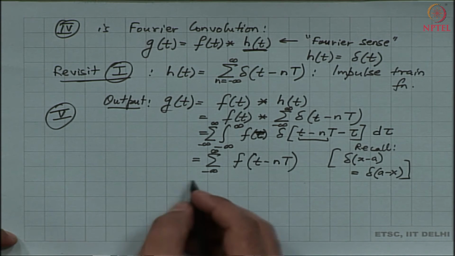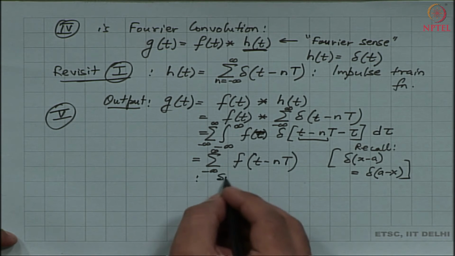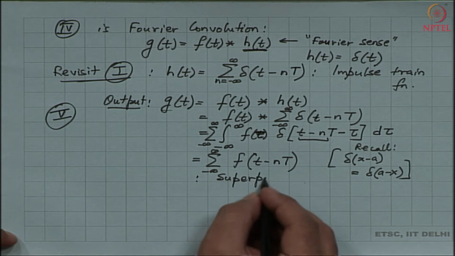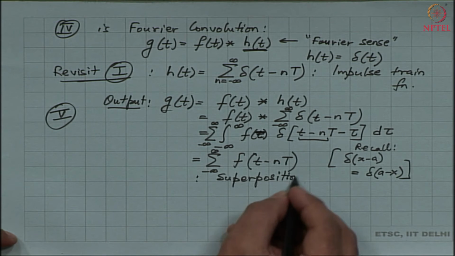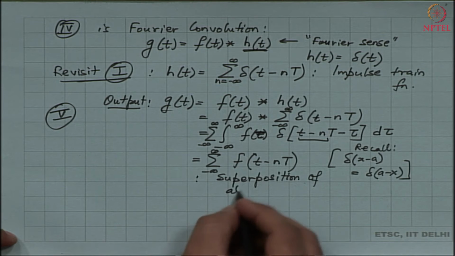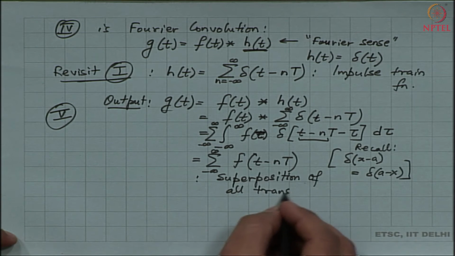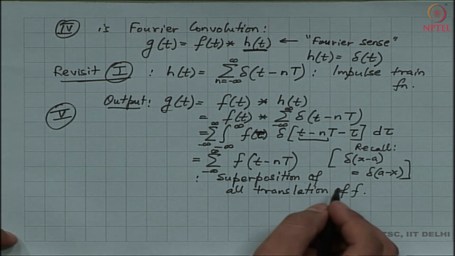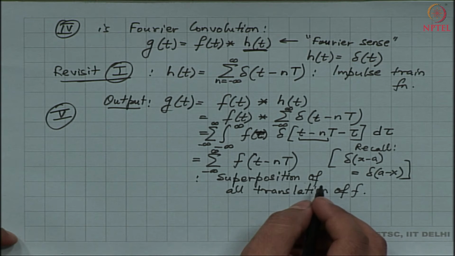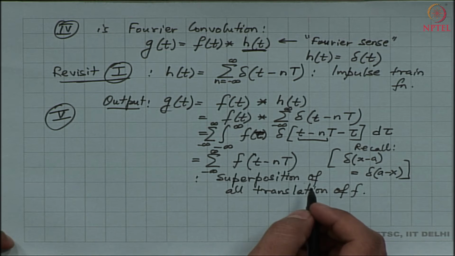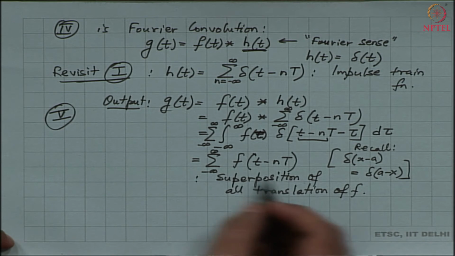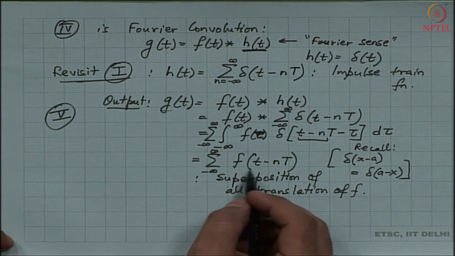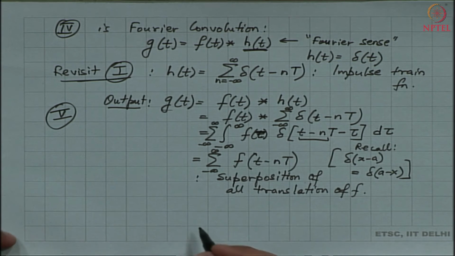So, the output is the superposition of all translations of f. Which means that my output can be represented in the form of a discrete sum of input.